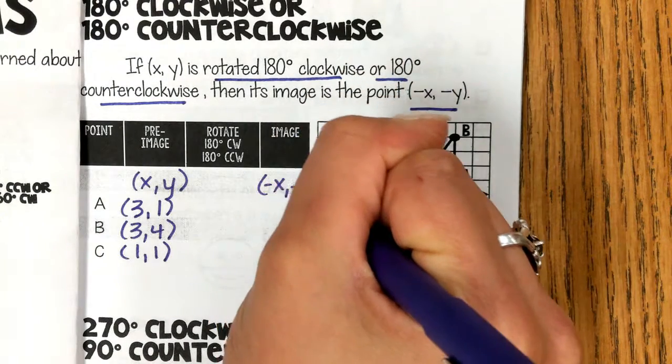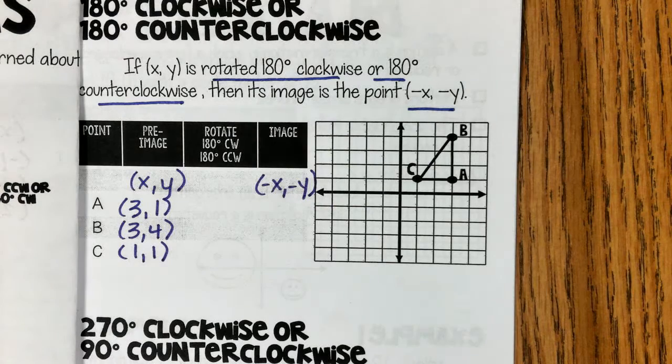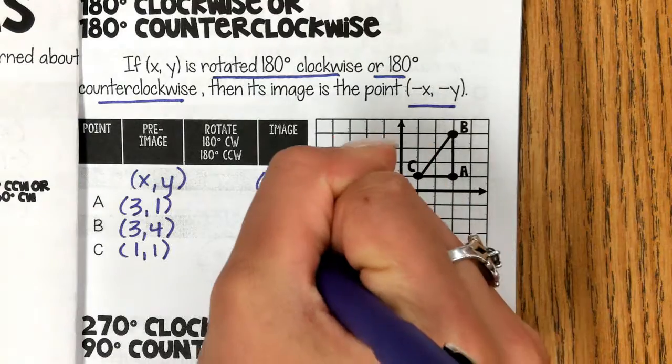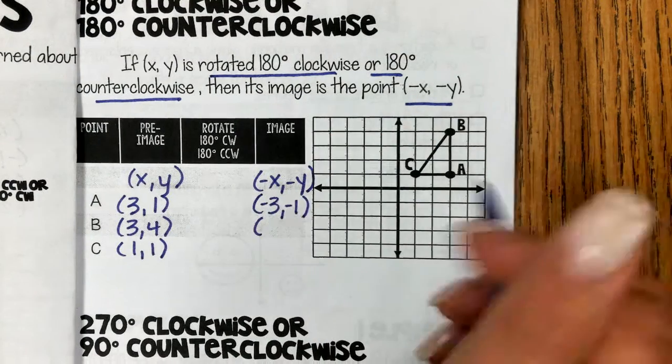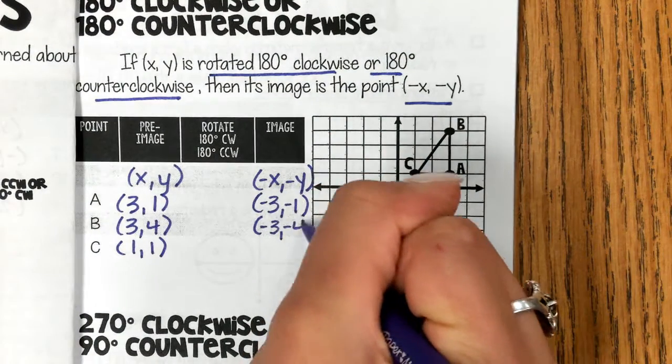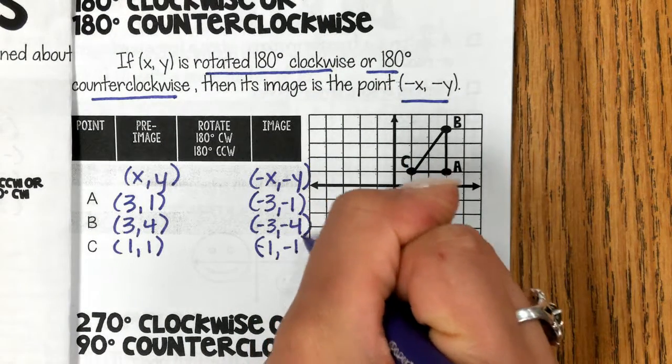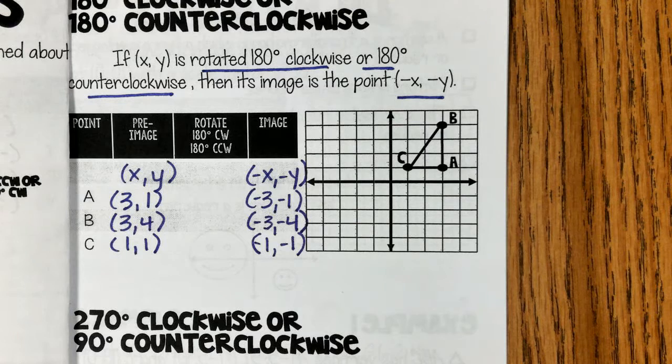So you're going to do the opposite of both of those here. That one's pretty easy because all you're doing is putting a negative in front of them. So what's my first point going to be? Negative 1, negative 1. Negative 4, 4. And negative 1, negative 1. All right, again, you are putting those into the grid.